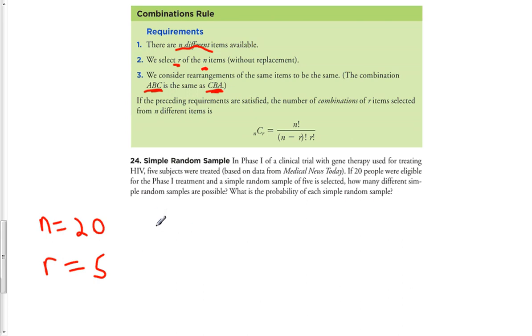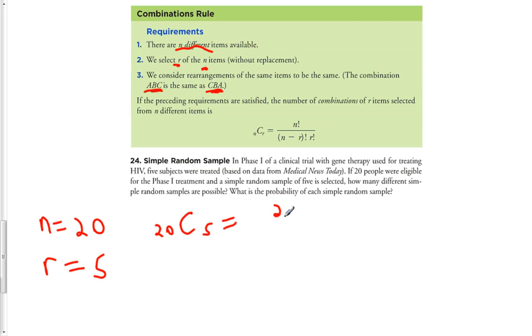So what we're calculating is 20 C 5. So this would be read 20 choose 5. 20 things to choose from. We want to select 5 of them. And how many ways are there of doing this?